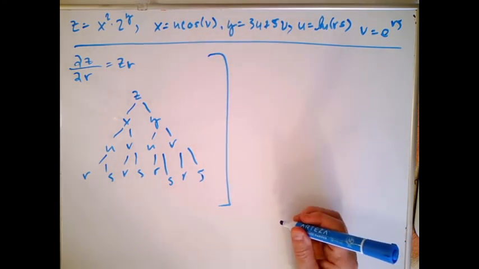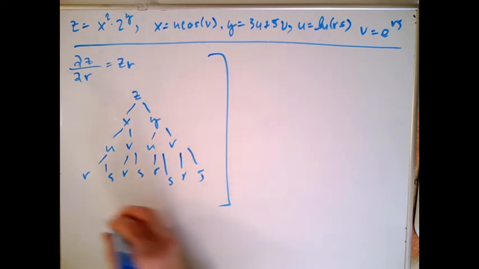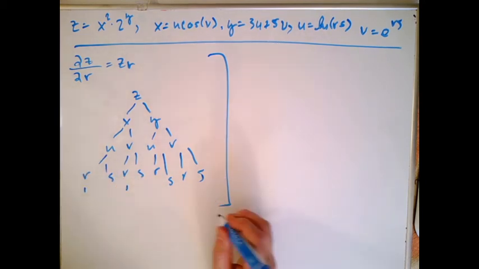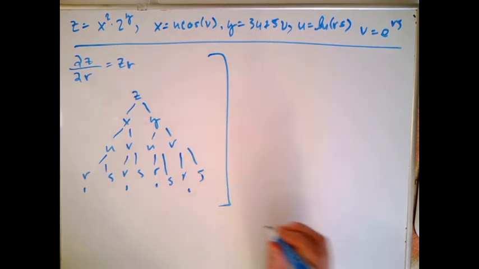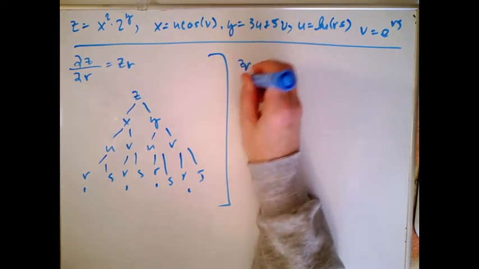And what we want is the partial derivative of z with respect to r. So I need to find every path from the top of the tree down to r, right? Well, here's an r, here's an r, here's an r, here's an r, and we're going to talk our way through it as we go. So z_r, let's just look at the first path.